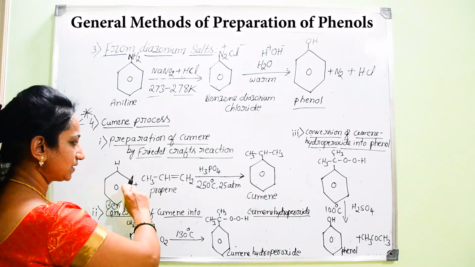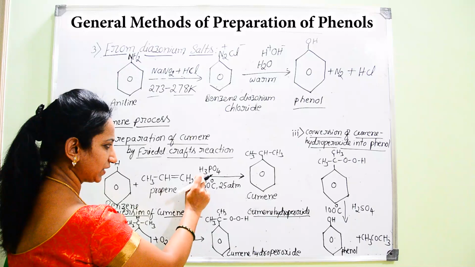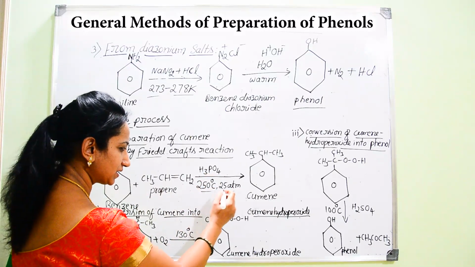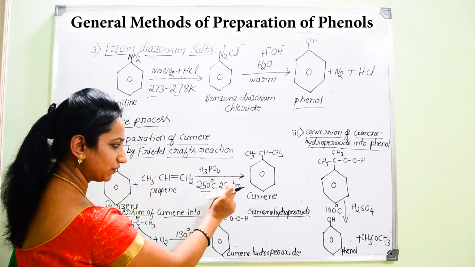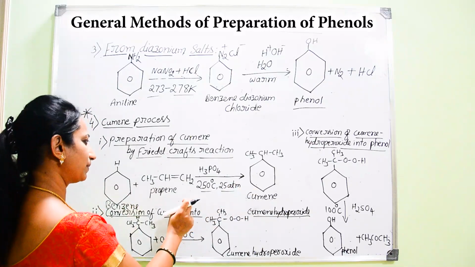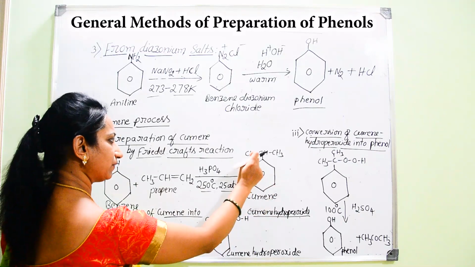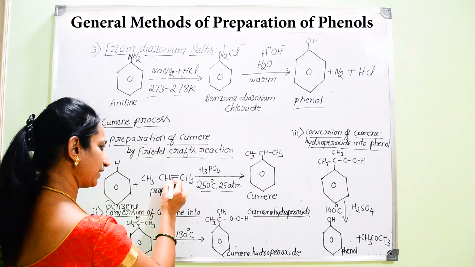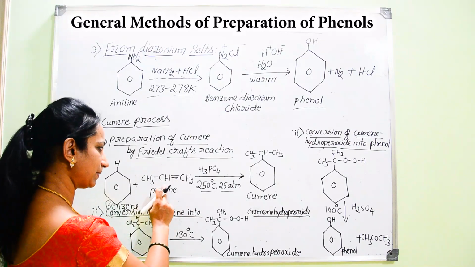When benzene is made to react with propene in the presence of H3PO4, phosphoric acid, and the important conditions here are a temperature of 250 degrees Celsius and a pressure of 225 atmospheres, you are going to get the formation of cumene, where to the benzene ring there will be attachment of a propyl group. Here there will be cleavage of the double bond between the first carbon and second carbon atom.